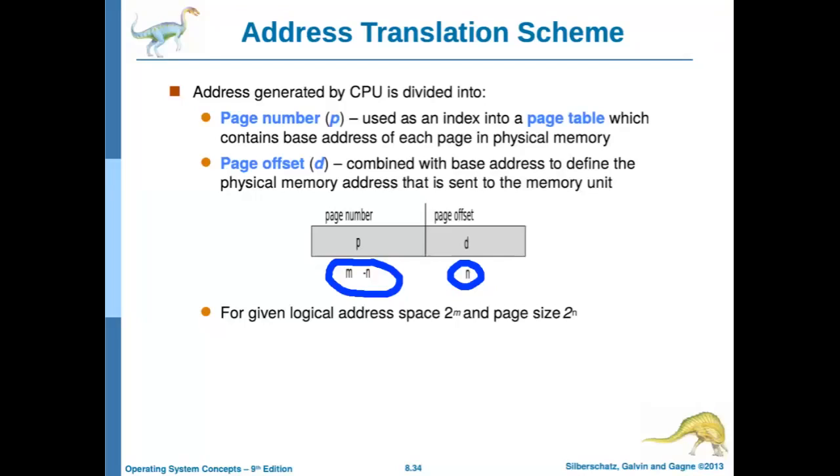So the total number of bits is m, and the total logical address space is 2 raised to m. Out of these, n bits are utilized for the page offset, so page size will be 2 raised to n. Now how many pages will there be? It is very simple. If m minus n bits are utilized for the page number, then 2 raised to m minus n will be the number of pages.